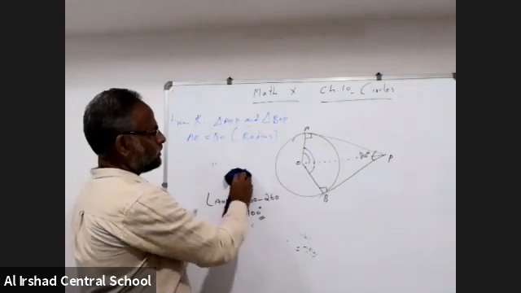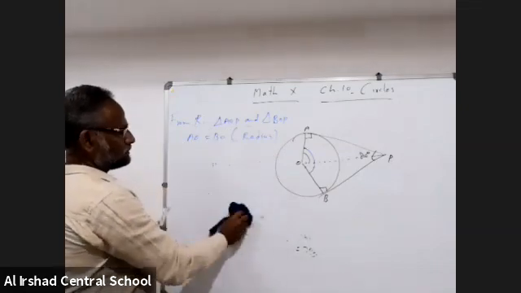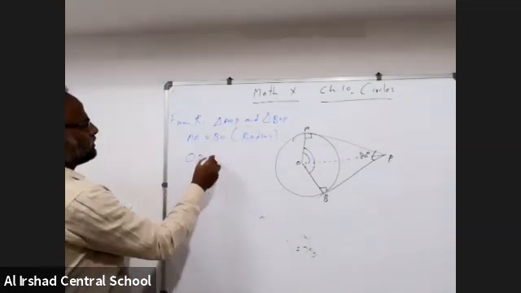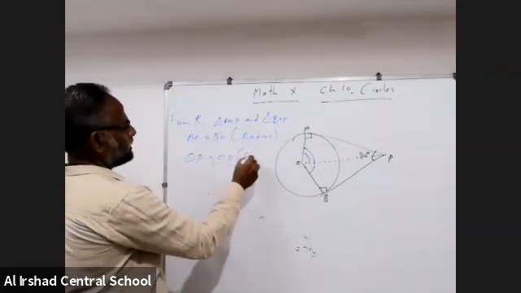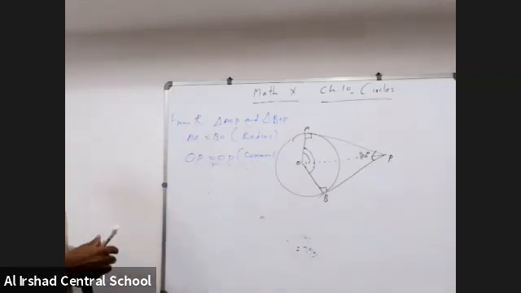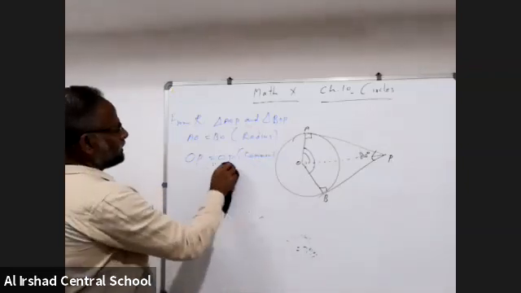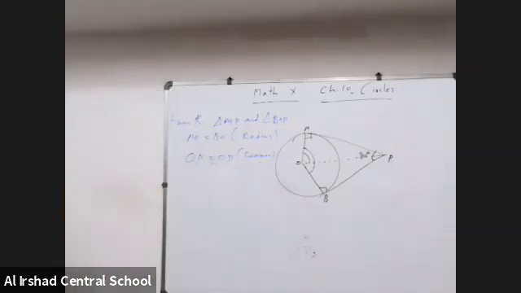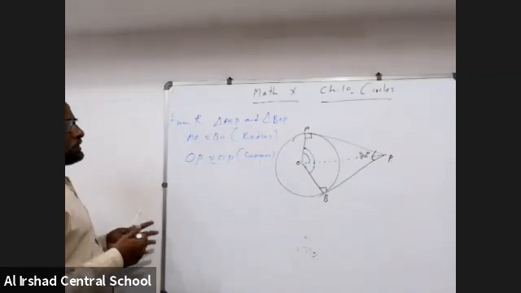Now one more thing: OP is equal to OP, that is common. Now we can say the two triangles are congruent.